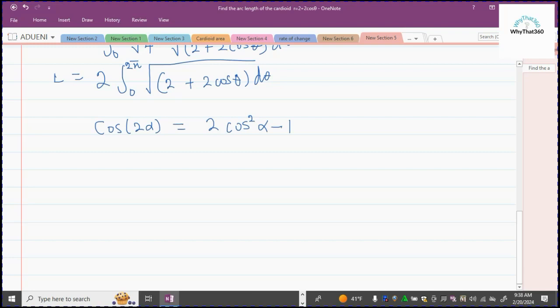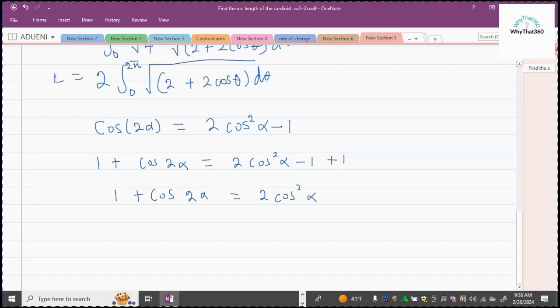I did not make this up. Let's add 1 to both sides. We'll get 1 plus cos 2 alpha to be equal to 2 cos squared alpha minus 1 plus 1. Don't forget we are adding 1 to both sides. That will give us 1 plus cos 2 alpha to be equal to 2 cos squared alpha.